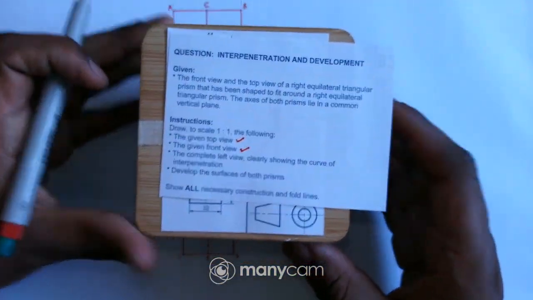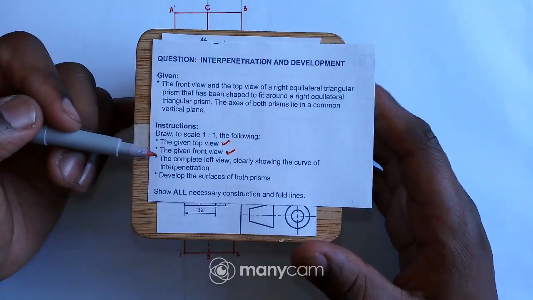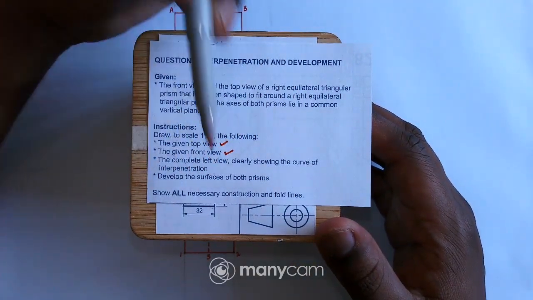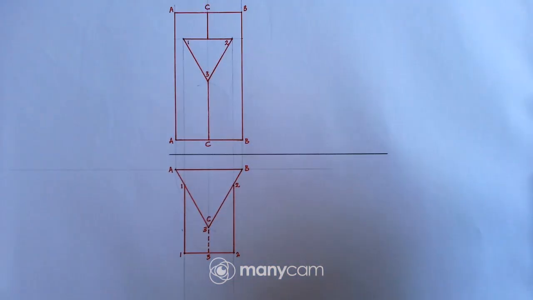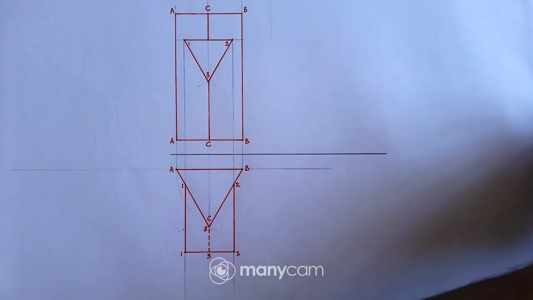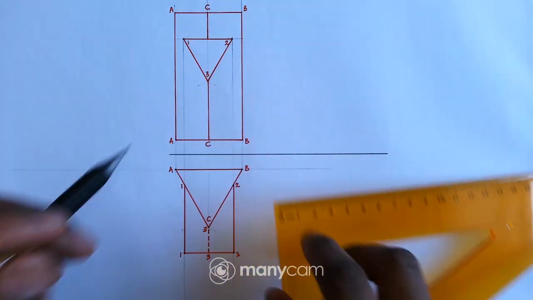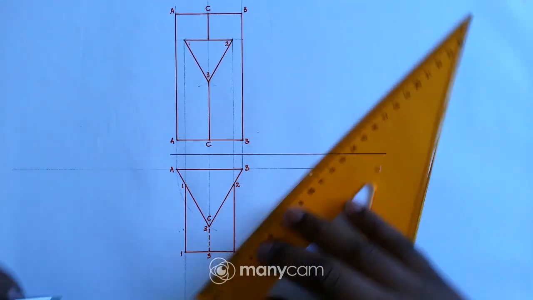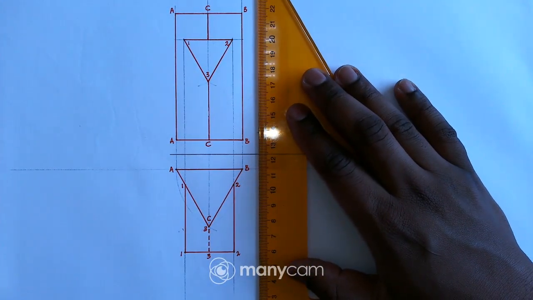Okay, so now I have to come up with the complete left view, clearly showing the curve of interpenetration, right? Okay, so our left view will be this side. So now I have to add an XY line. So from this edge, I'll just measure 10 millimeters. Then I can just add my vertical XY line there.